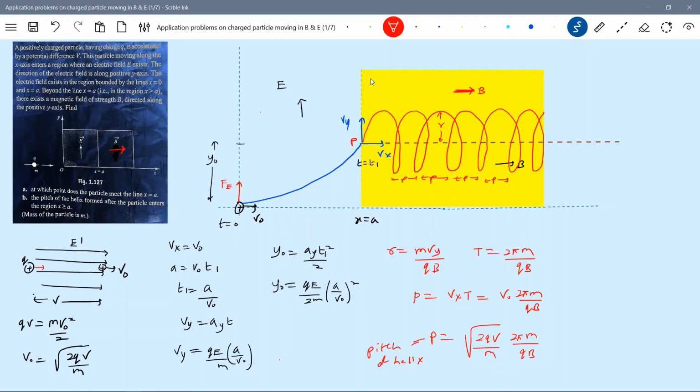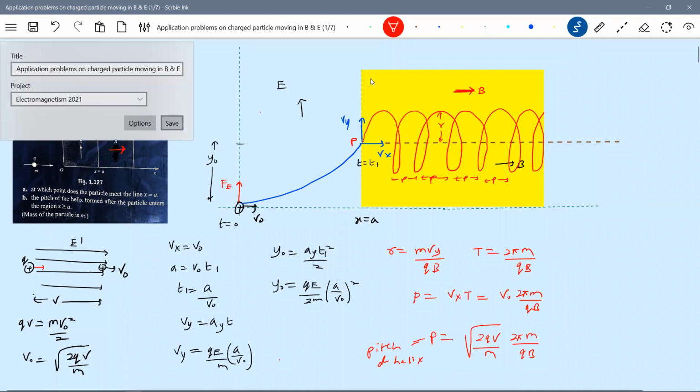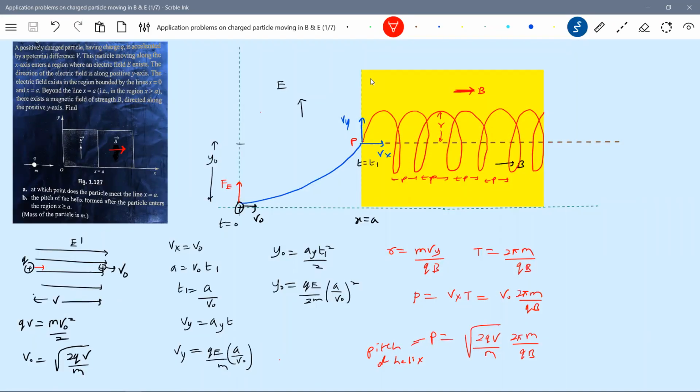You can define the coordinates of the charged particle at any time. Like in the previous class, what we did, the same thing you can carry on here also. Anybody having doubt, you can clarify. This topic will have very good questions.